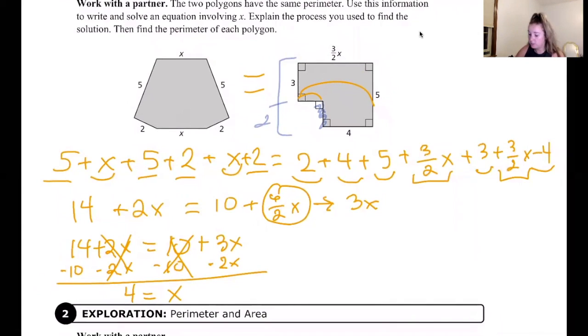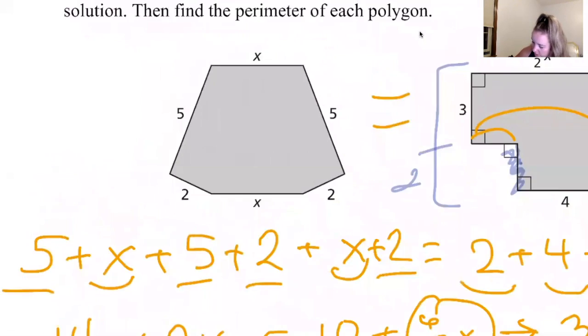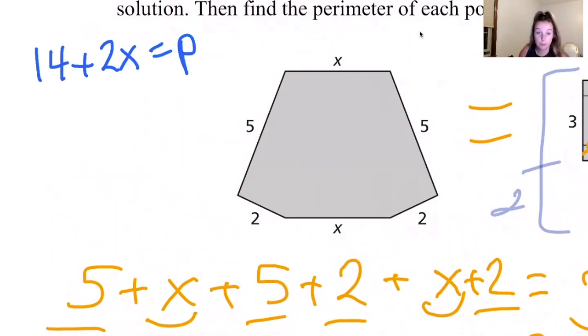And now from there, we have to find the perimeter of each one. So the nice part is we already have that equation ready to go to be able to plug it right into the equation to get our answer. So for this first one over here, we have 14 plus 2x. So 14 plus 2x equals our perimeter, and x is equal to 4.